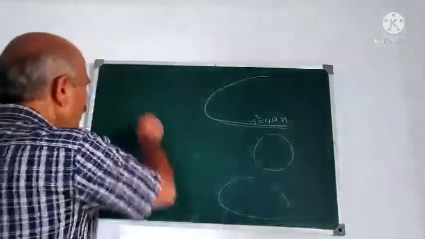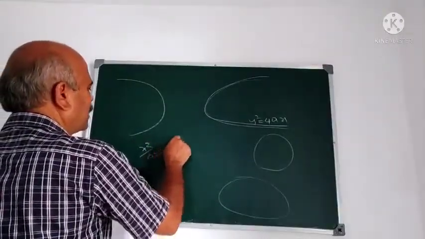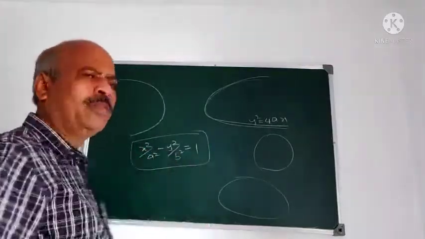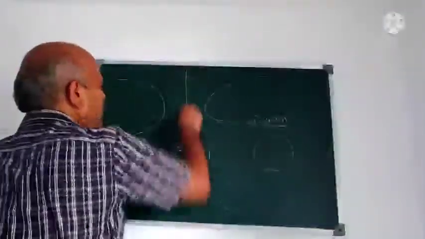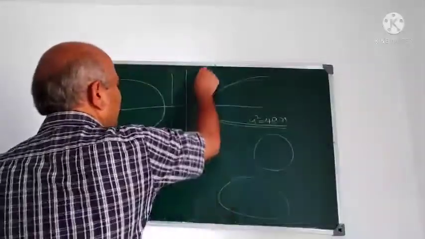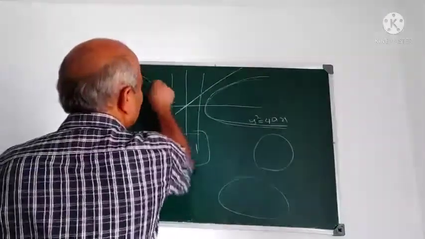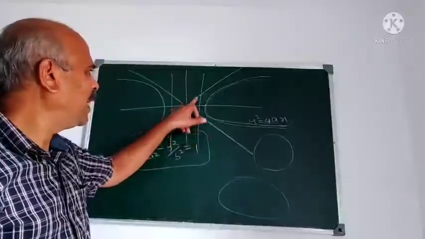But the hyperbola x square by a square minus y square by b square is equal to 1 has a pair of asymptotes. 2 asymptotes are there for this hyperbola. These are the directrices, and the asymptotes pass through the origin. These are the pair of asymptotes.